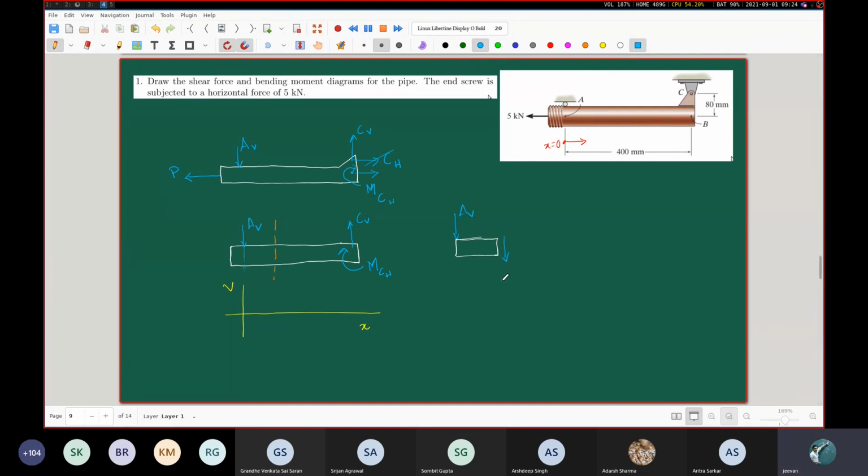Now, this force is V, this moment is M. So you are effectively doing this, that V plus AV is equal to 0 and V is equal to minus AV.